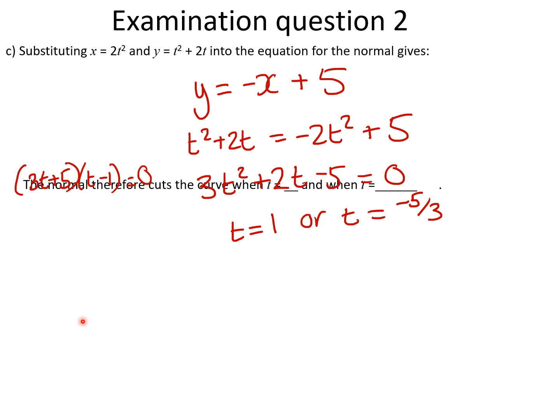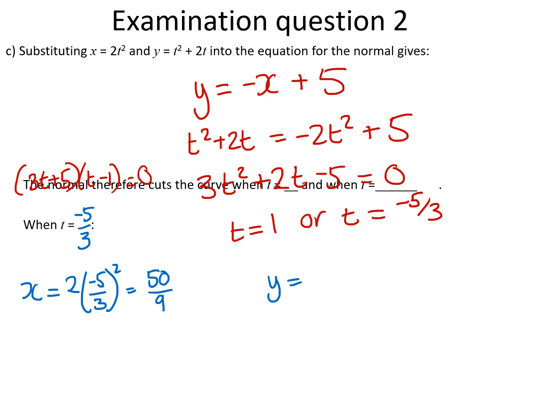That'll give me point Q. So when t is minus 5/3, my x will equal 50/9, and the y value would equal minus 5/9 if you do that on a machine.